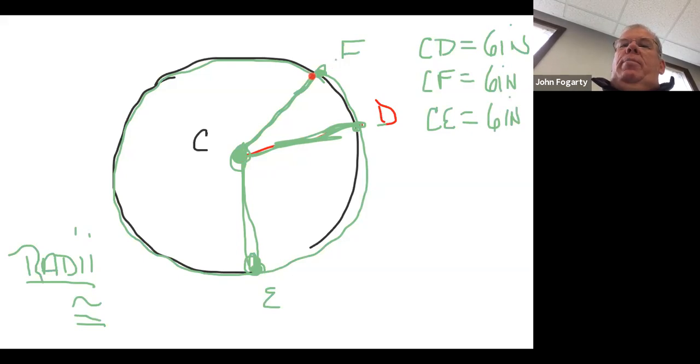So this line segment right here is a radius. Now, a circle has plenty of radii. What we know by definition is that CF, CD, and CE all have the same measure. So are we all clear on radii? Yes, sir. Yes. All righty.